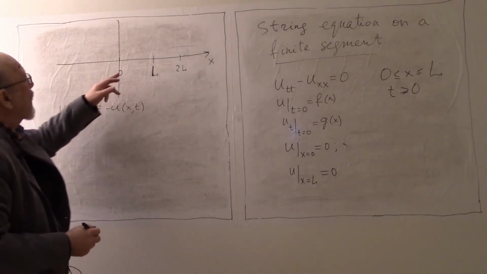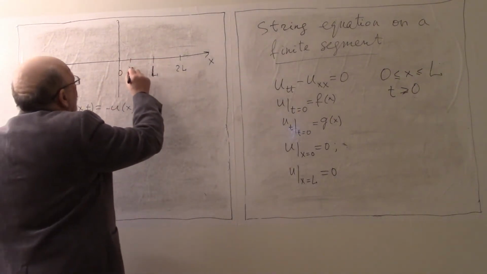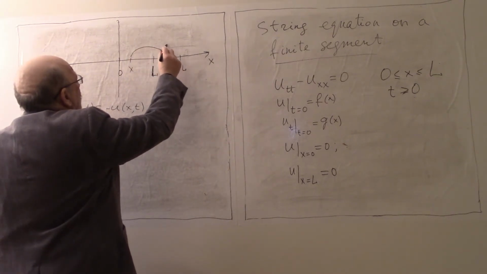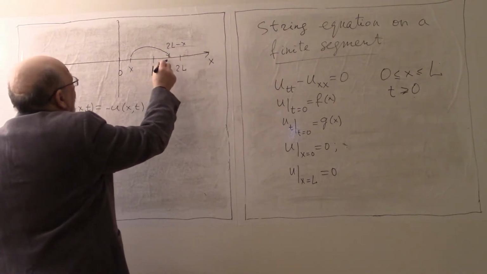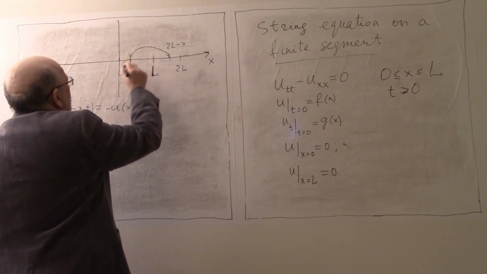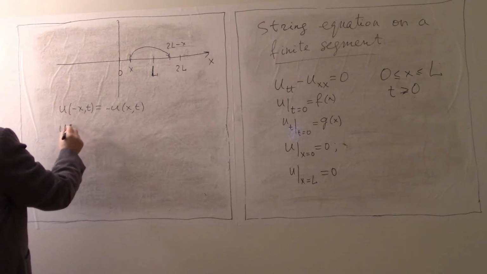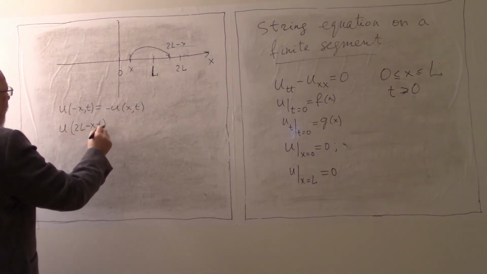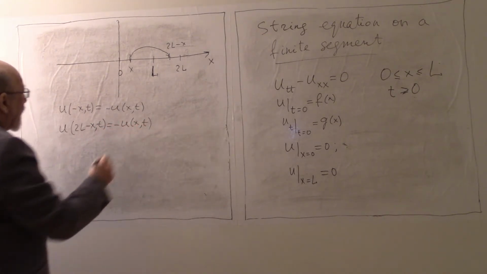So any point x is changing to the point 2L minus x, and this point 2L minus x again goes to x. So u of 2L minus x, t equals minus u of x, t.